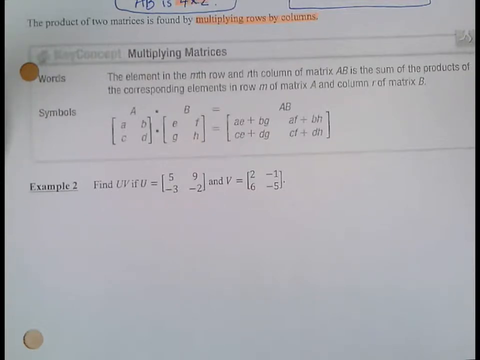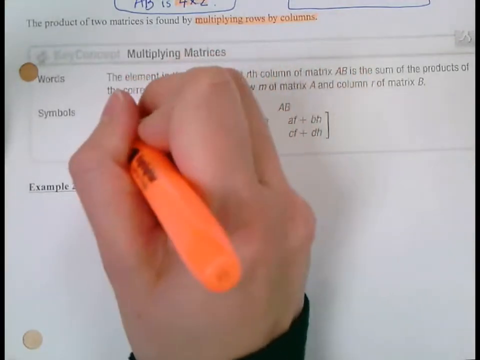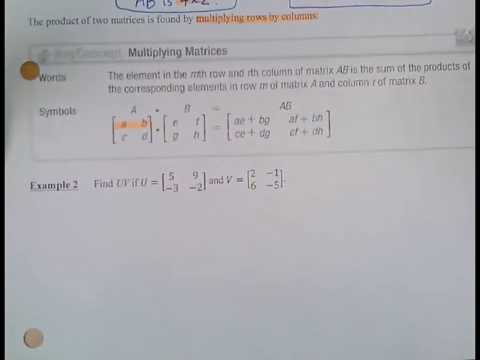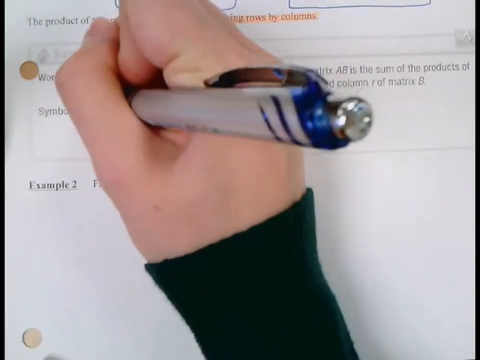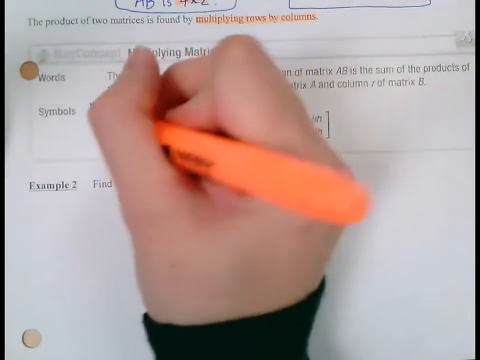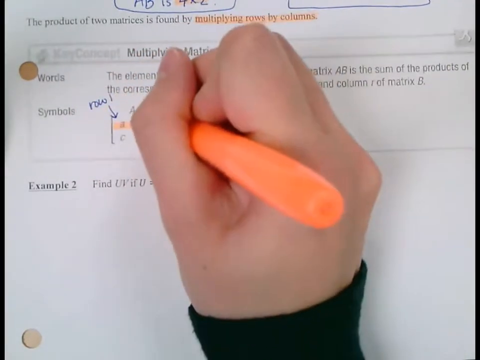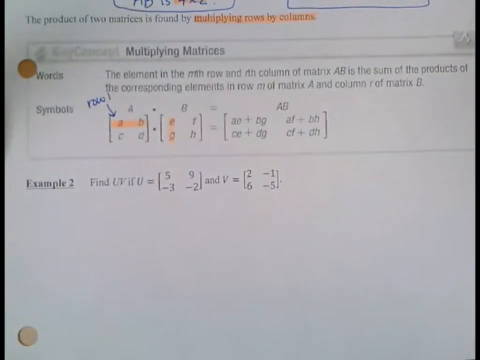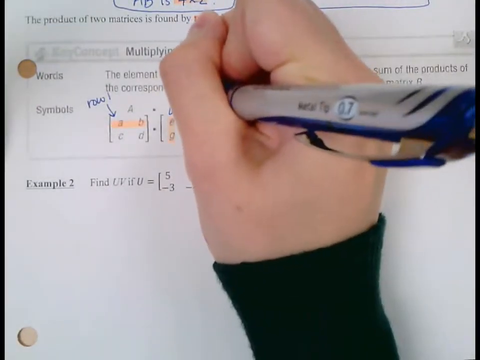So if you think in your mind, I'm multiplying rows by columns. You start out by taking the first row in the first matrix. So I'm just going to label this row 1. And then I'm multiplying that row by the first column in the second matrix. So multiplying rows by columns. So this would be column 1.